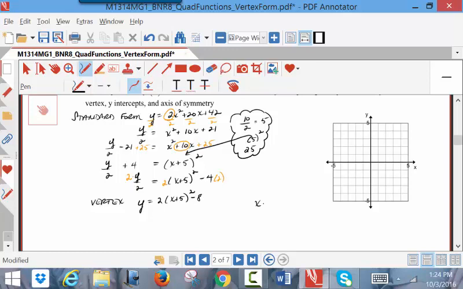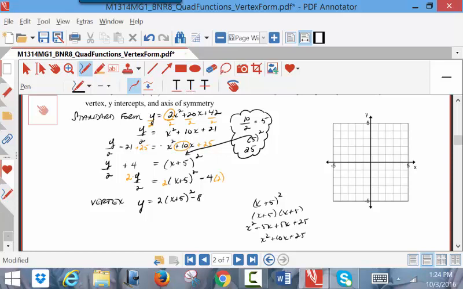Okay, if you take (x plus 5) squared, that's x plus 5 times x plus 5, which is x squared plus 5x plus 5x plus 25, which is x squared plus 10x plus 25. So now, (x plus 5) perfectly squared is x squared plus 10x plus 25.